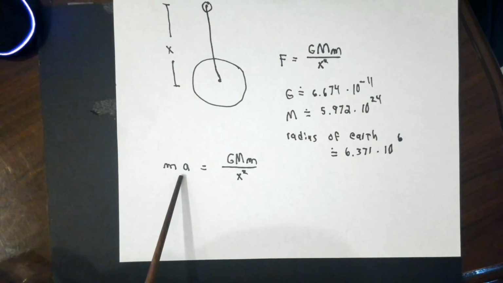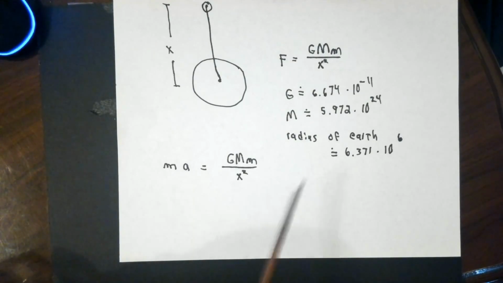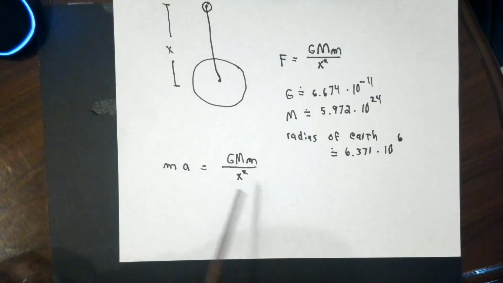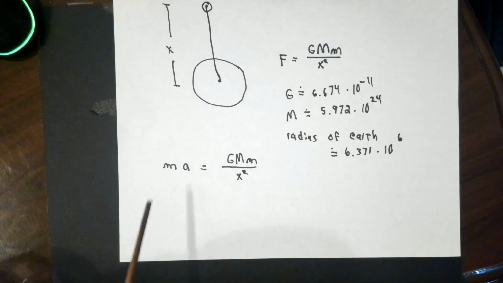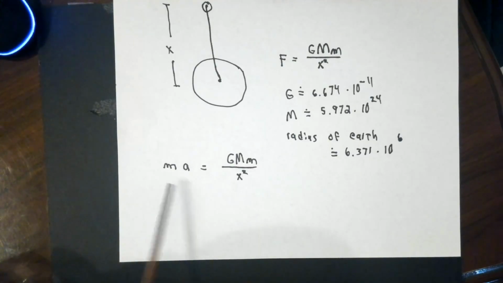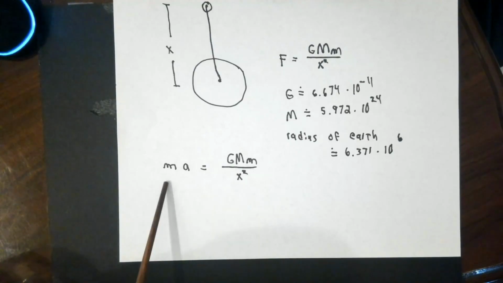On the other hand, the force acting on that object is also the force due to gravity, G product of the masses divided by x squared. A remarkable thing happens if you'll notice that little m is a factor on both sides of this equation. I can divide the little m out and find out something very unusual.